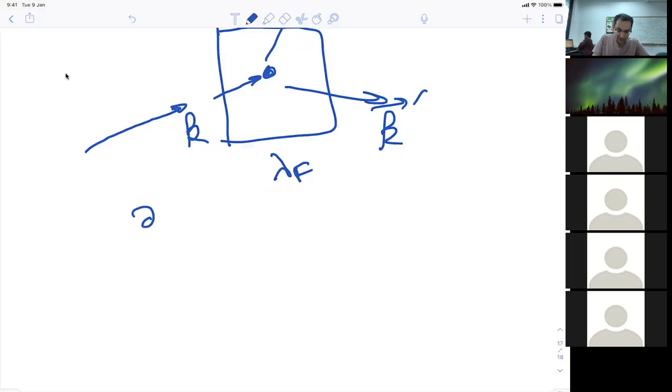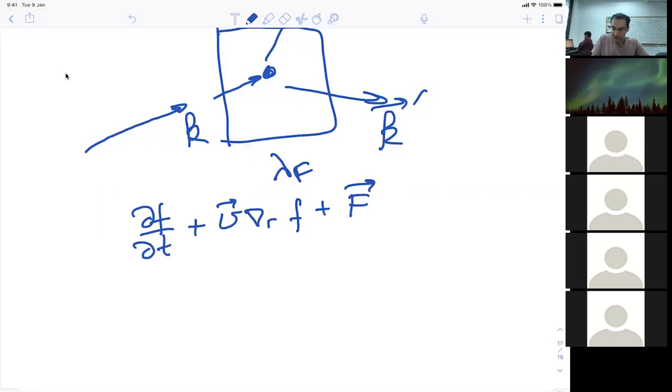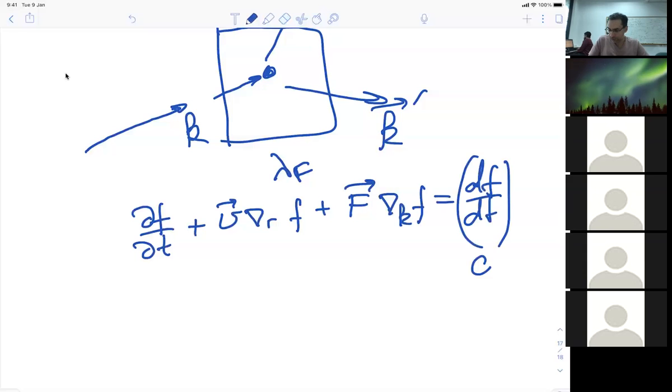And the equation now reads df/dt plus v gradient_r f plus the force that acts on the particles acting on f, and all this is no longer equal to 0, but it's equal to the change of number of particles due to collisions.